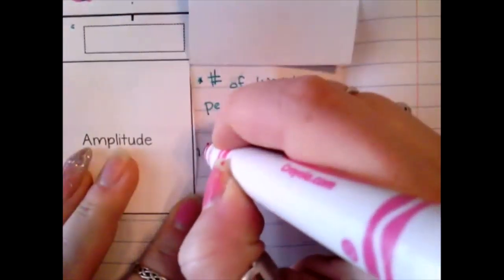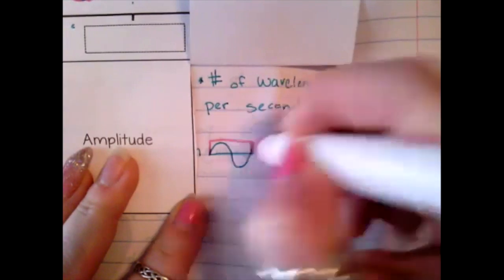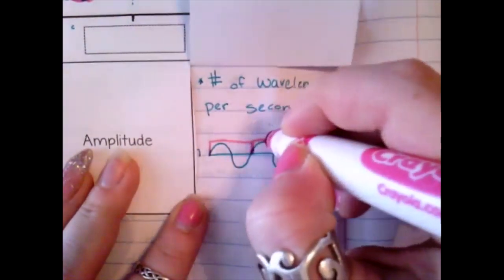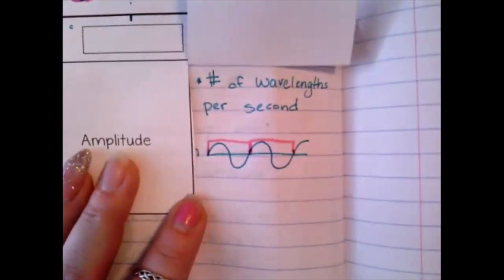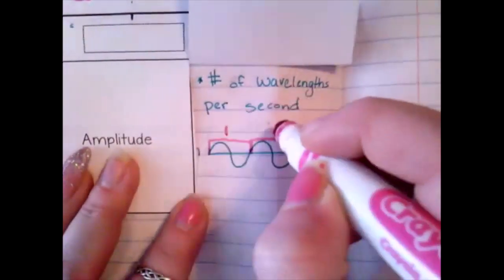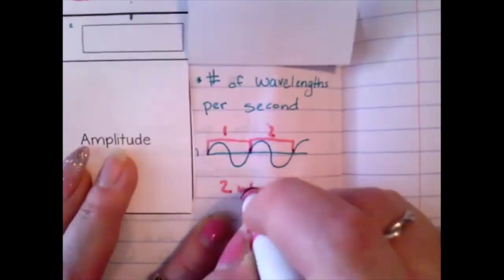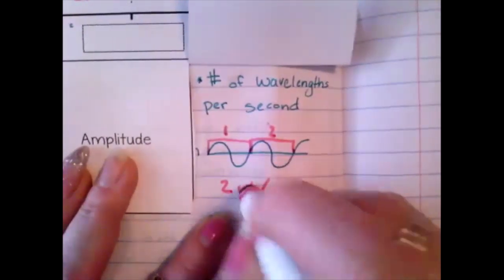I have one complete crest and one complete trough here. And then I have another complete crest and complete trough here. So that's 1, 2. That's 2 wavelengths per second.